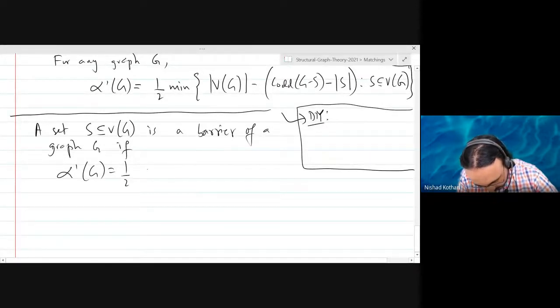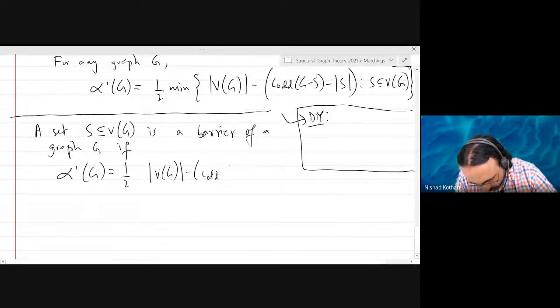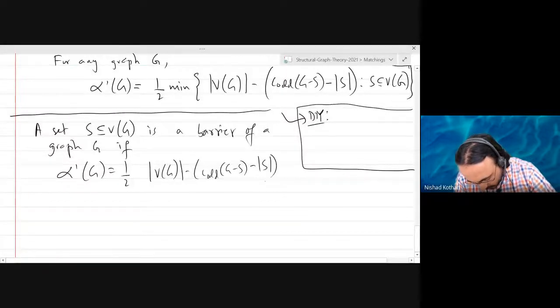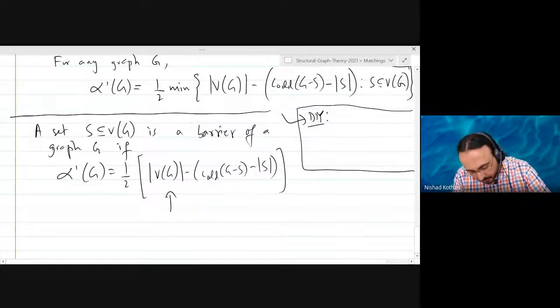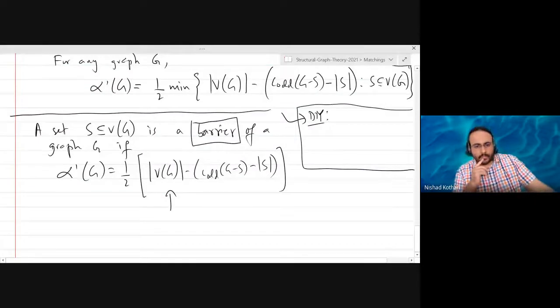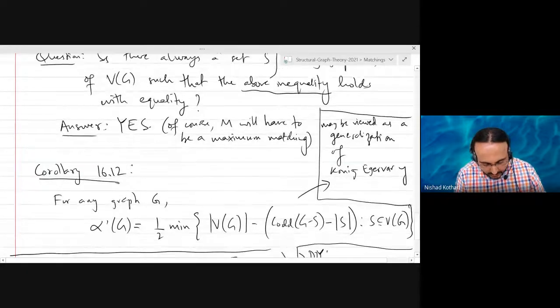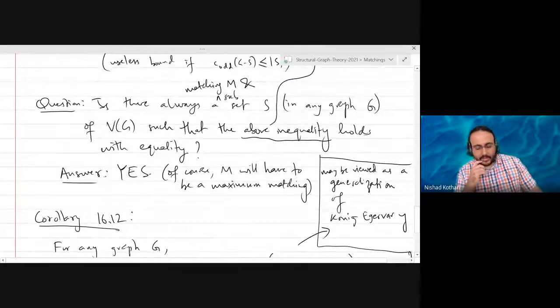So all subsets of the vertex set are called barriers if the right hand side for that set is exactly equal to the matching number. And the question that we asked is basically, is there always a barrier in any graph?